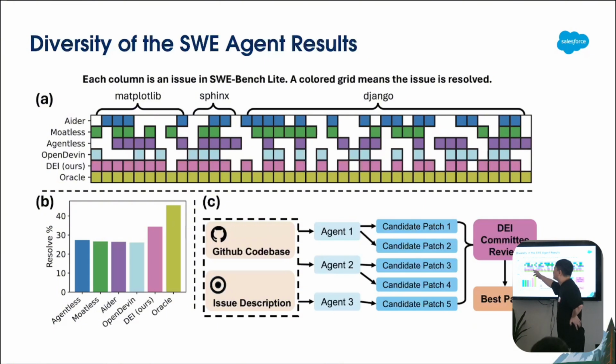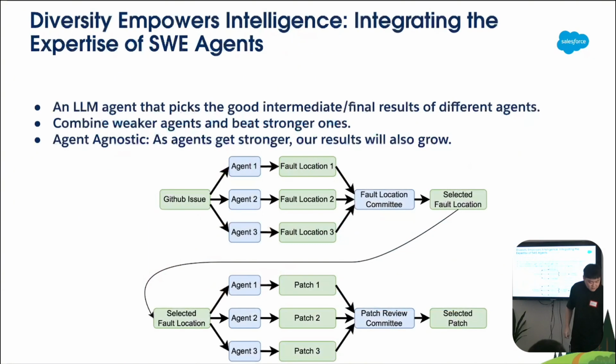It combines the expertise of different agents and also achieves a significant improvement in other repos as well. Here's a higher-level summary: here's what different open source agents perform, here is what we perform, and this is Oracle performance.